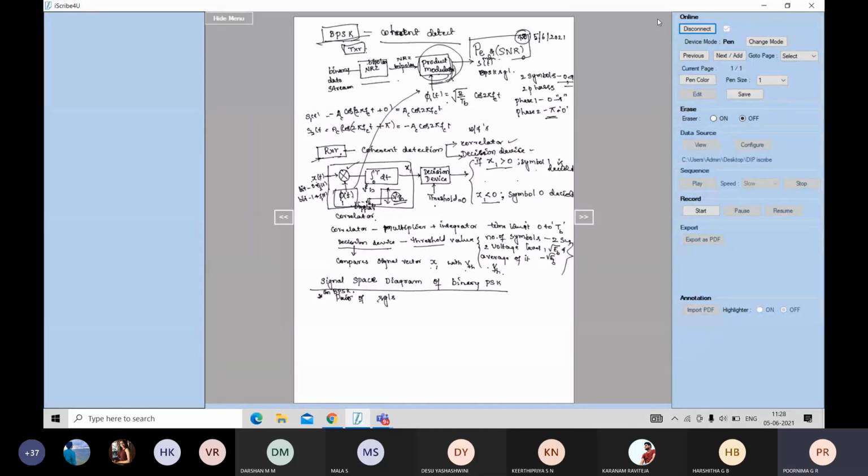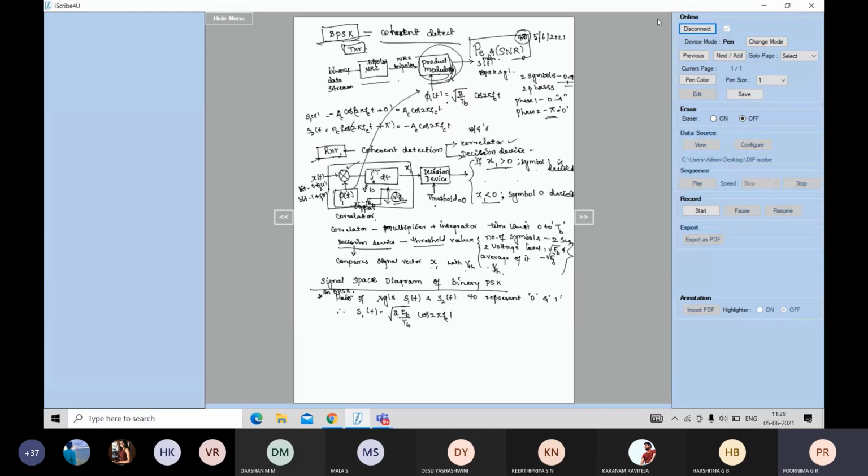In BPSK, the pair of signals we have considered, S1 of t and S2 of t, represent which symbols? 0 and 1. So you can write S1 of t as equal to root of 2P, where I replace P with EB by TB, into cos 2 pi FCT.